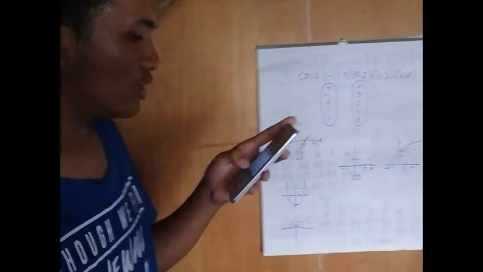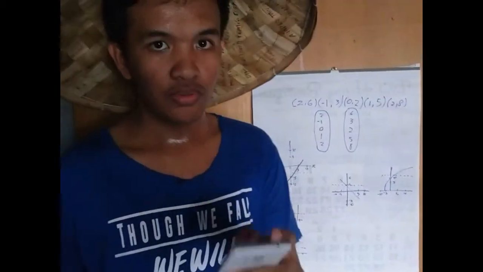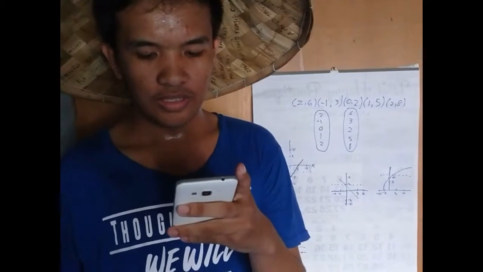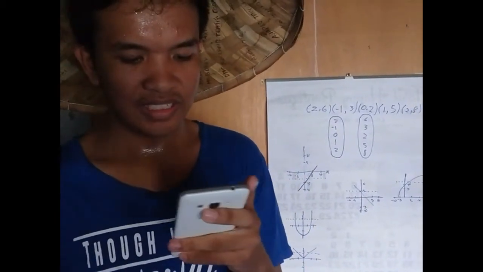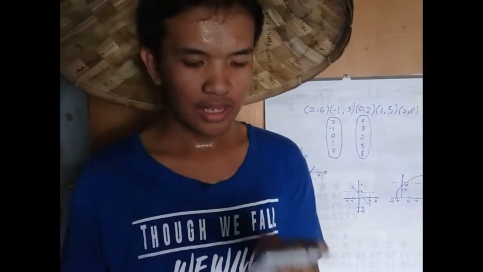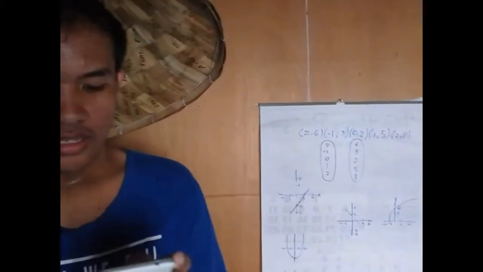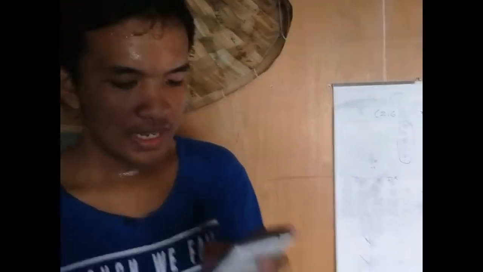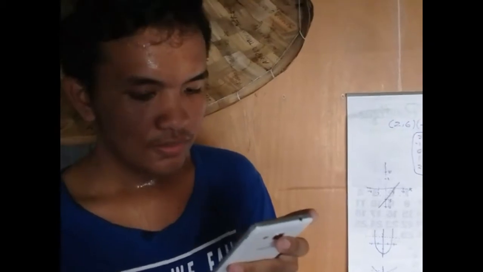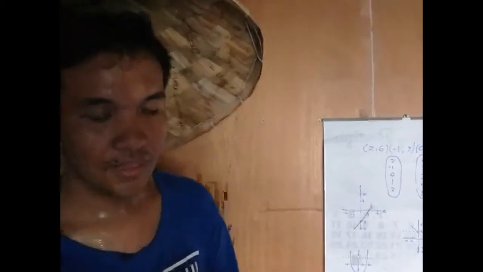If the horizontal line intersects the graph of the function at exactly one point, then the given function should have an inverse that is also a function. So say this function passed the horizontal line test.